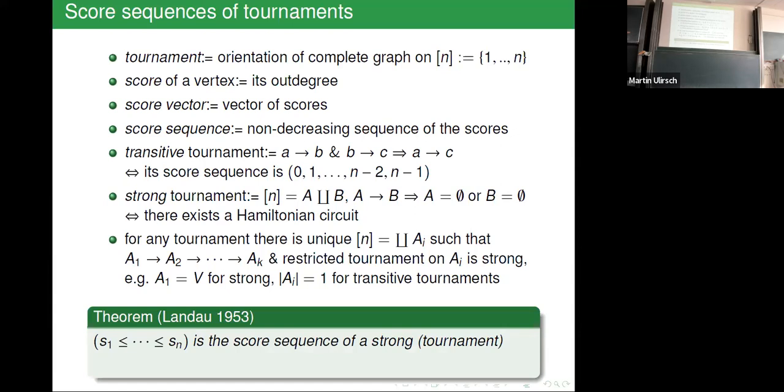In fact, he managed to identify exactly which sequences of integers appear as the score sequence of a tournament. He did the tournament version, not the strong tournament version.